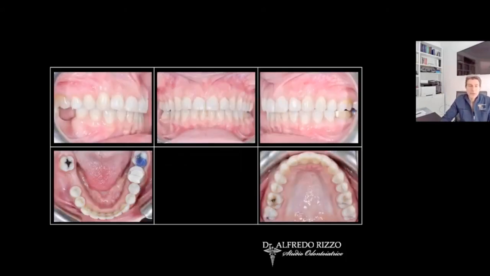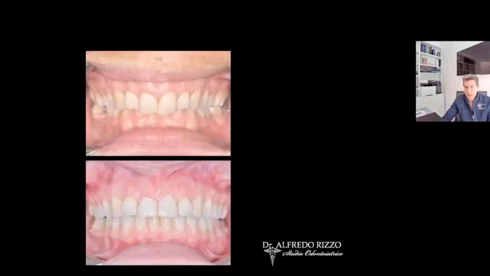And here is the outcome of our treatment. It's not ideal if you look at the midline. I would have probably tried to improve it by 1.5 millimeters, but the patient was really eager to quit and to stop the treatment. This is the before and after comparison.